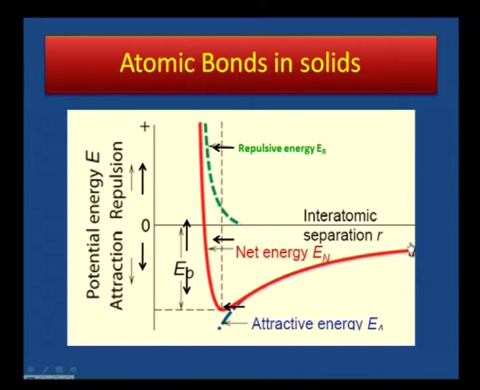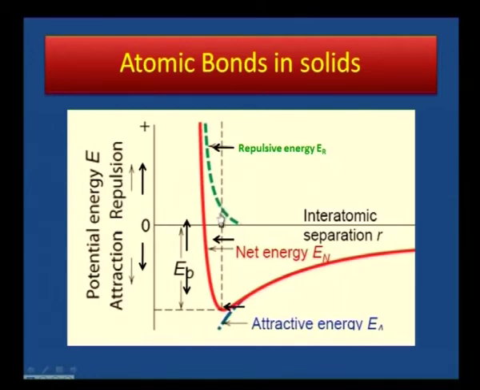This attractive energy is long range; the Coulombic force exists even at large interatomic separation. You have one atom here, another atom here, and the long range attractive force. The repulsive part is short range.